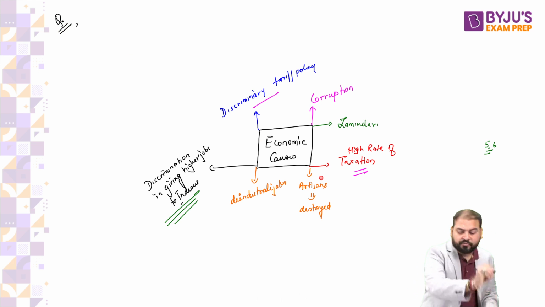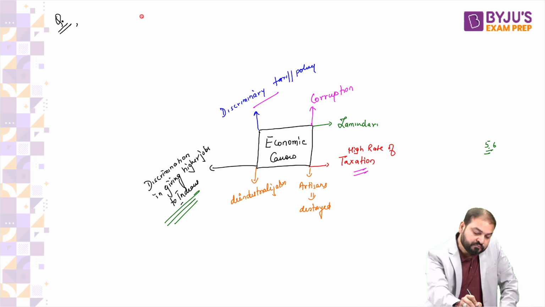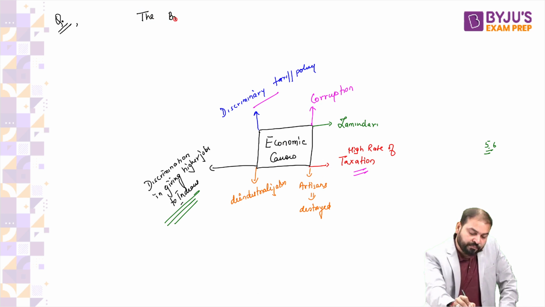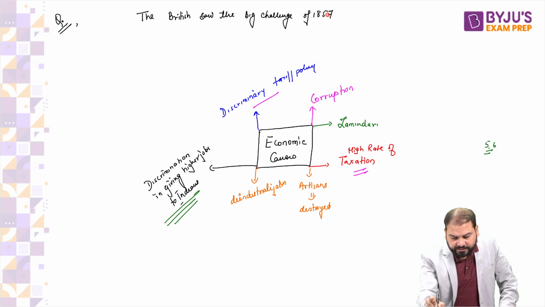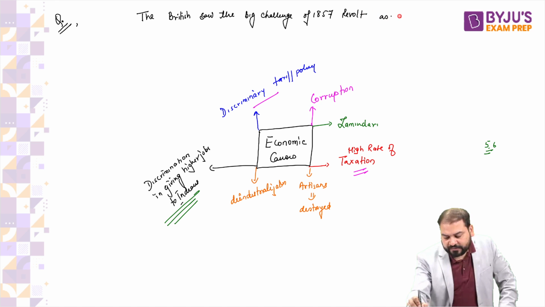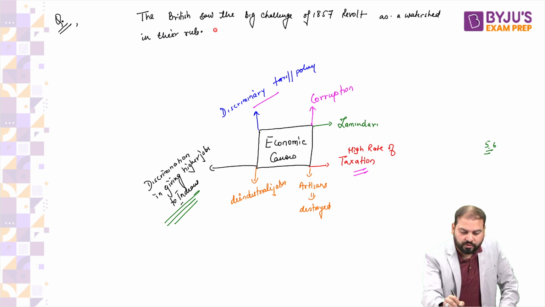A simple question that can come based on this is: the British saw the big challenge of the 1857 revolt as a watershed in their rule.